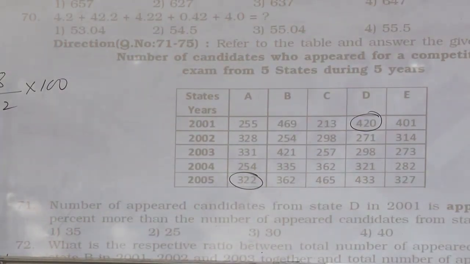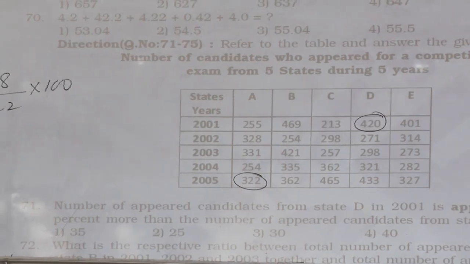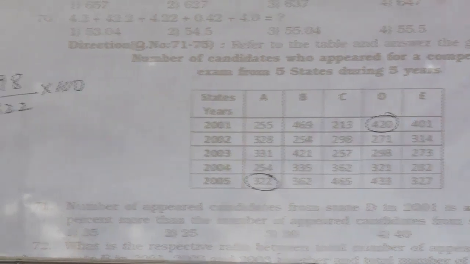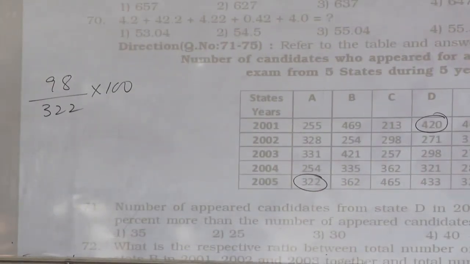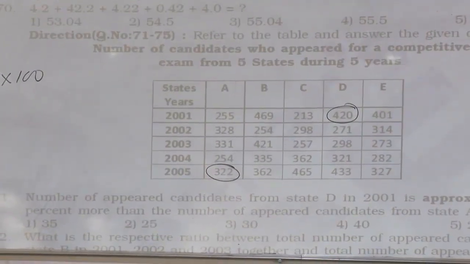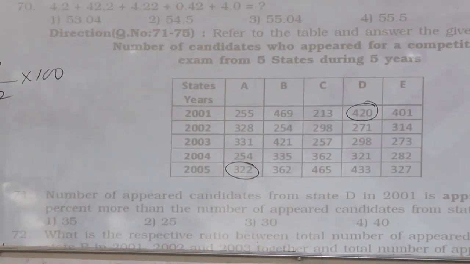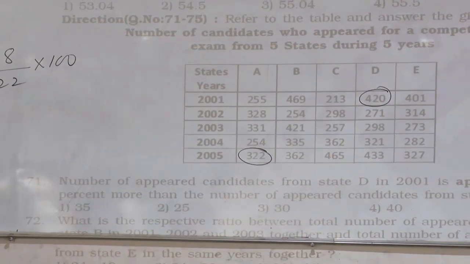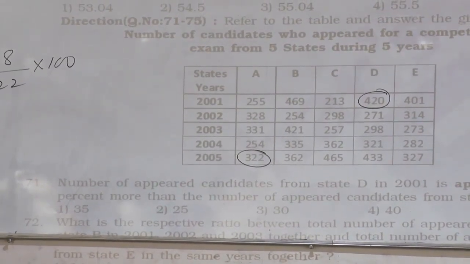Next, 72. What is the respective ratio between the total number of appeared candidates from state B in 2001, 2, 3 together and the total number of appeared candidates from state E in the same years together?